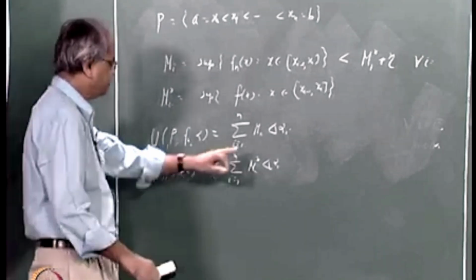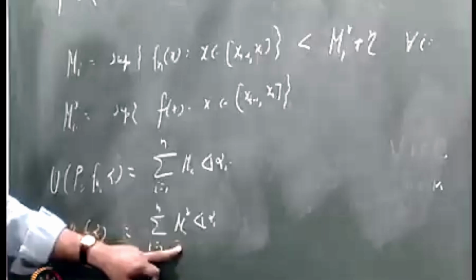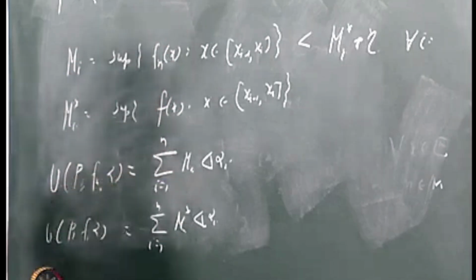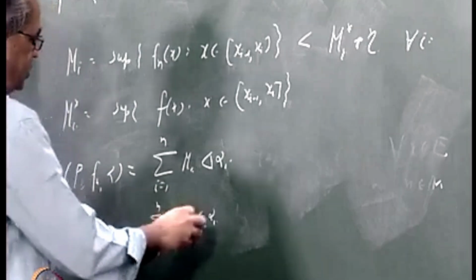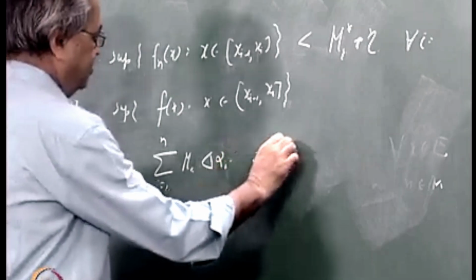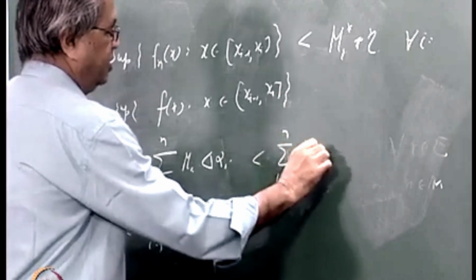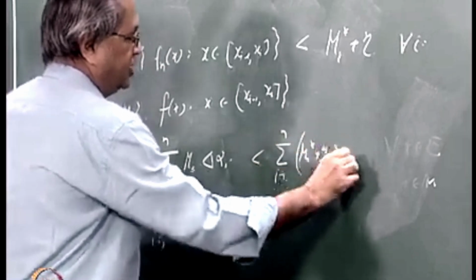So if each M_i is less than M_i star plus eta, I can say that this is less than sigma i going from 1 to n of (M_i star plus eta) into delta alpha_i.